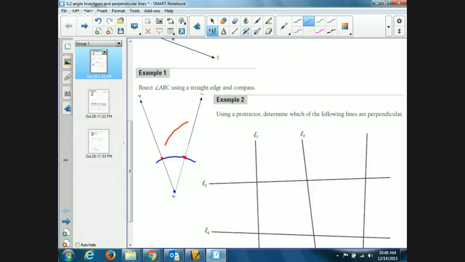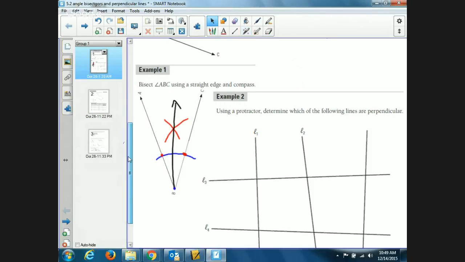Don't change the measurement from the first one. Draw an arc like that. Where they crisscross in the middle, if you did it correctly, should be the bisector. So you join the vertex to this with your straight edge. There you go. Like I said, I can't use a compass on this board or else I'd poke holes in it.